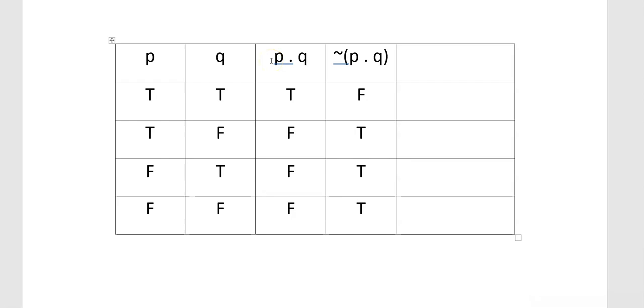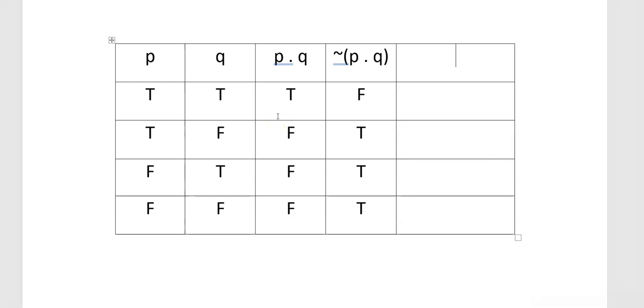Imagine a situation that we are going to deny that P dot Q is true, right? The way we have done here. So suppose P dot Q is true and we want to deny that. Do we need to deny that P is false or Q is false? What we need to do?